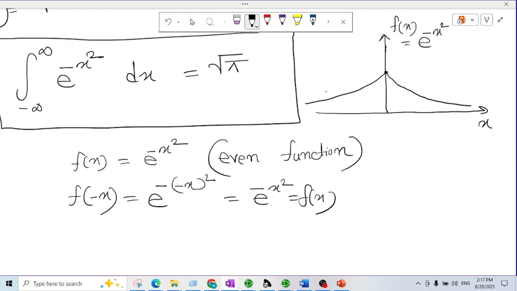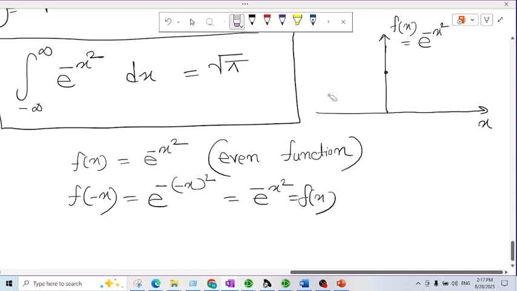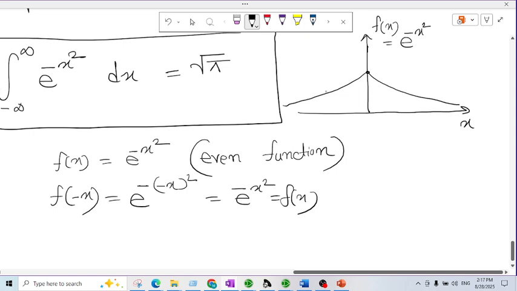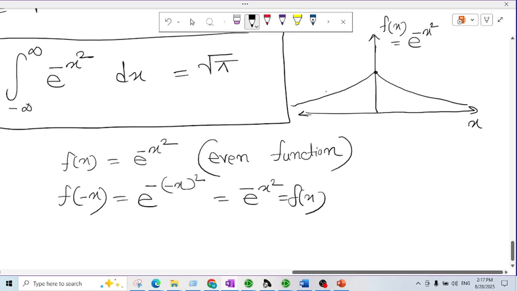The graph looks like this. We know that integration means finding the area, and the range is from minus infinity to plus infinity.